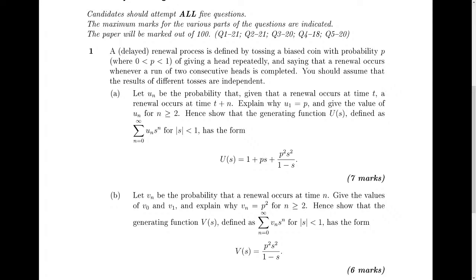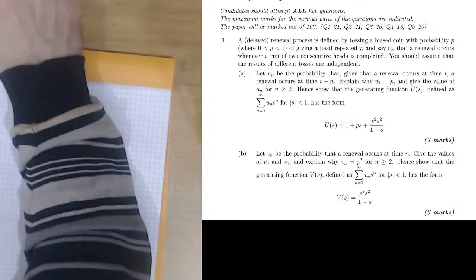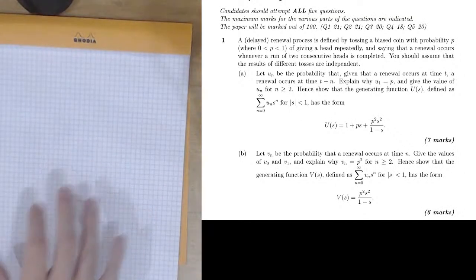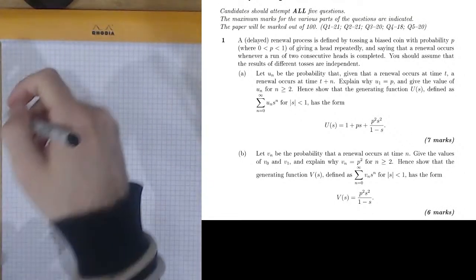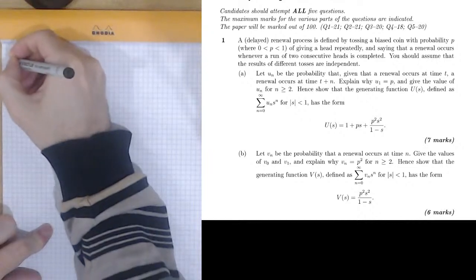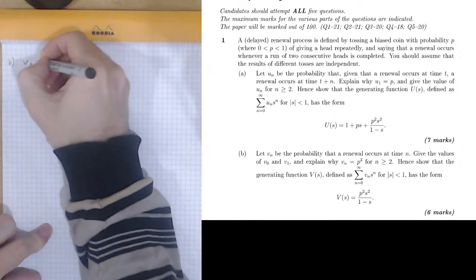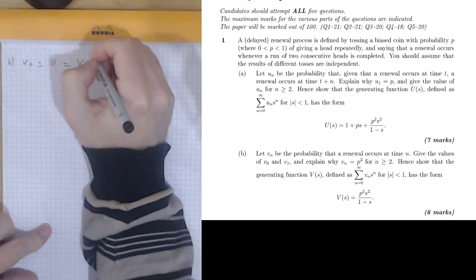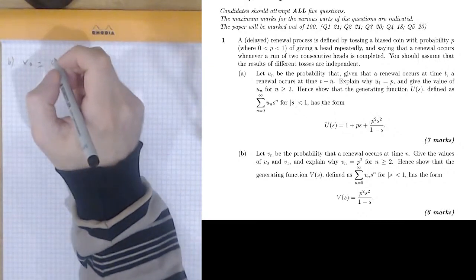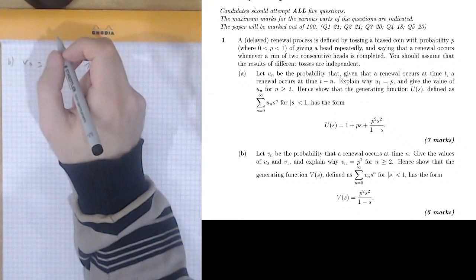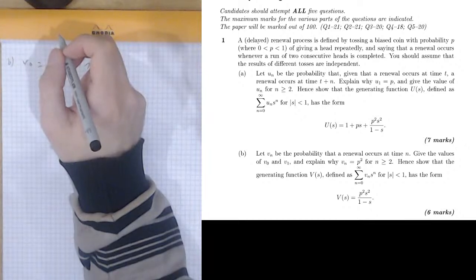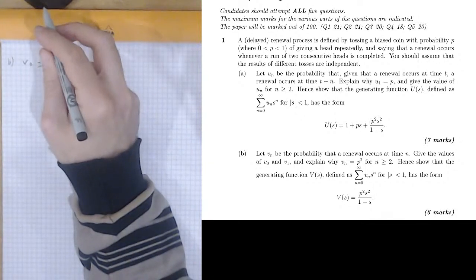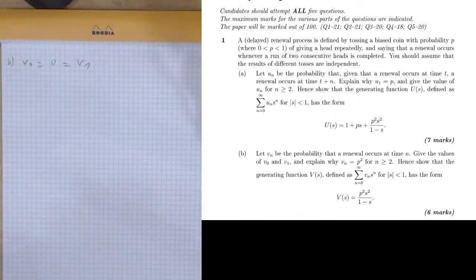Still, that's a guess from the question, so we need to actually say why. For part B, v0 equals 0, and that's also v1. By definition, in a delayed renewal process, you don't start with the renewal.